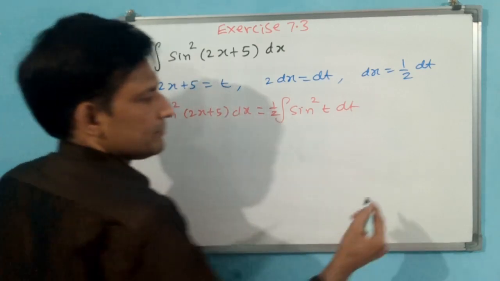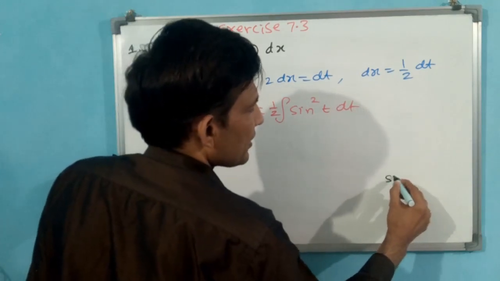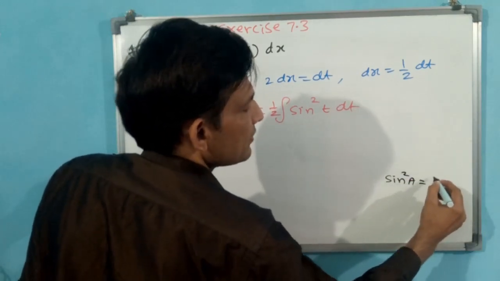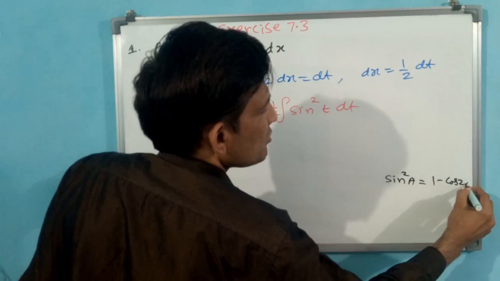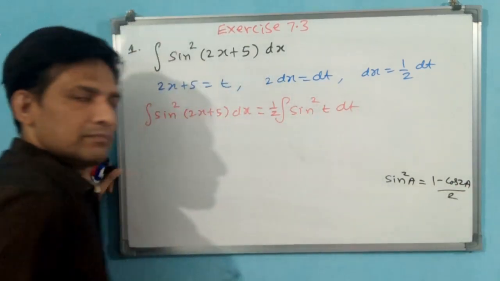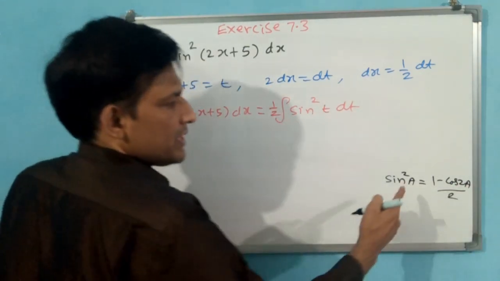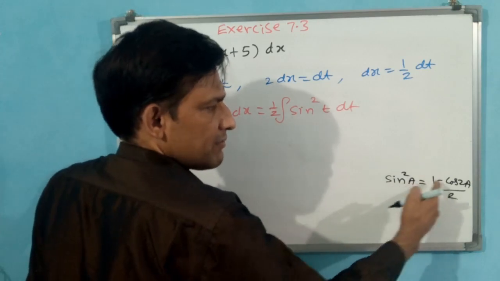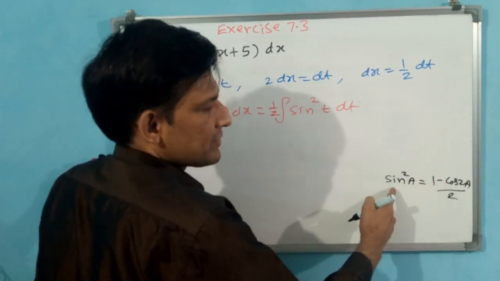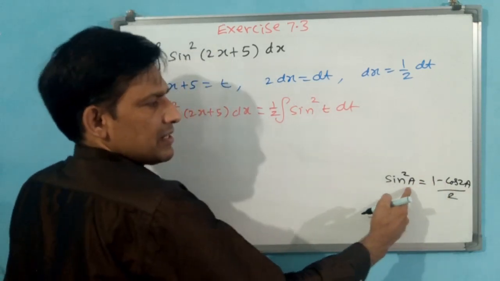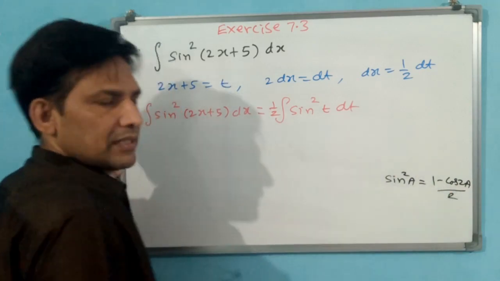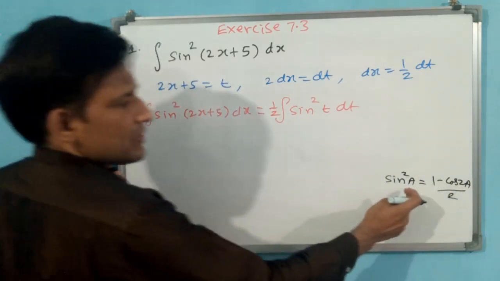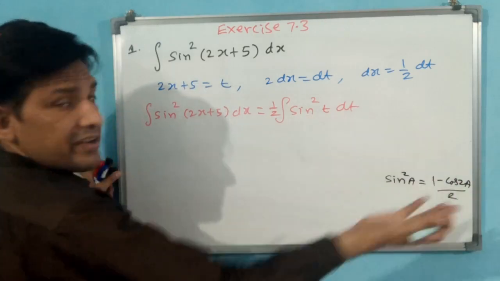We know one formula: sin square a is equal to 1 minus cos 2a by 2. See here, minus means sin will come, plus means cos will come, cos square, sin square. 2a means a will come, a means a by 2 will come. That's all. Now you see, a is t.